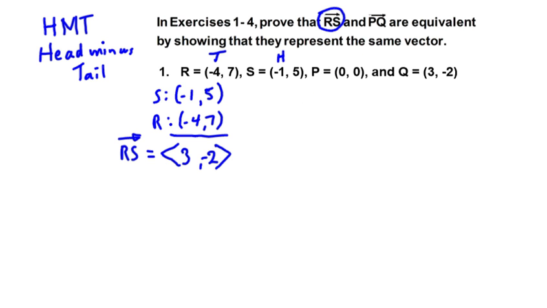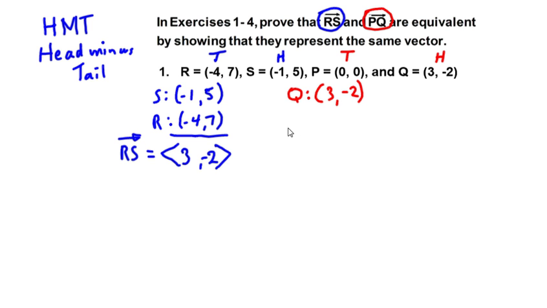Now we're going to go ahead and work on PQ. And here's PQ. And Q is going to be our head. And our tail, or starting point, is going to be 0, 0. And so just write the point here, we have head, Q, and that coordinate pair is 3, -2.